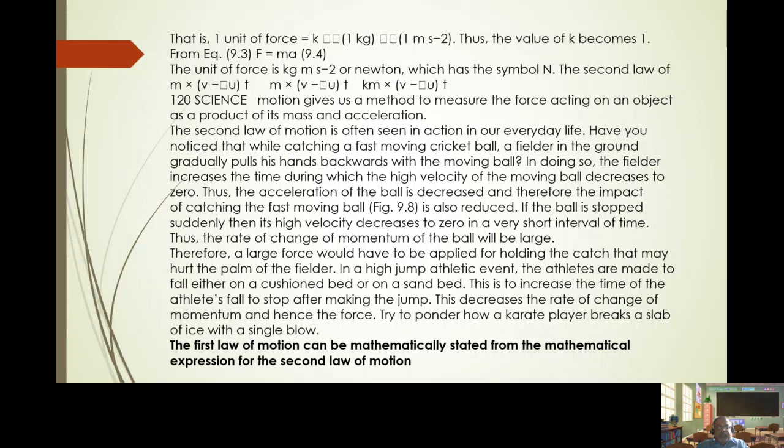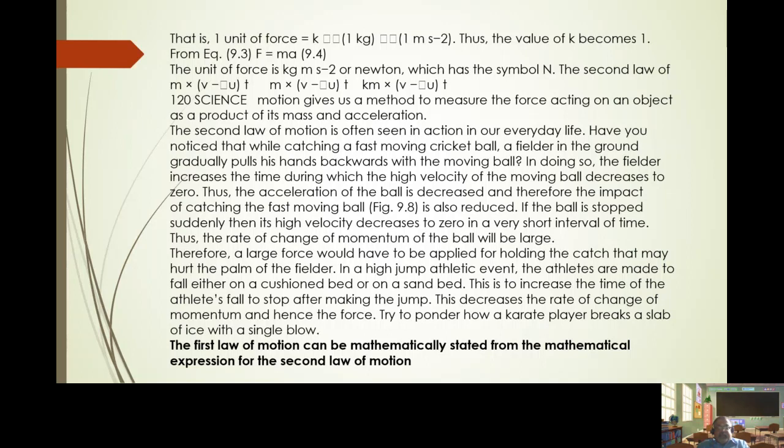If the ball stops suddenly, then its high velocity decreases to zero in a very short interval of time, and thus the rate of change of momentum of the ball will be very large. Therefore, a large force has to be applied for holding the catch, which may hurt the arm or the palm of the fielder.